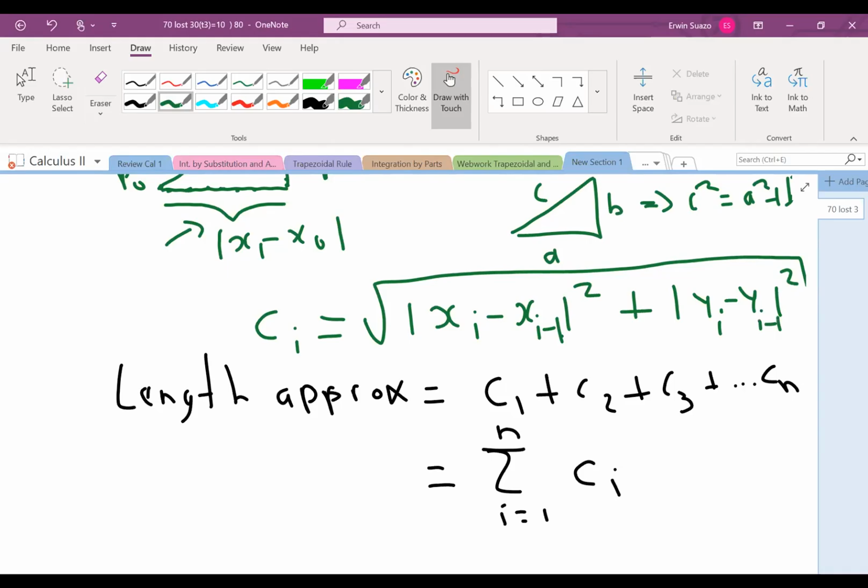Okay? So I have a formula for the Ci's. We're almost done, so keep up. I just changed my notation to this notation now. You see? I did it for the first one, but I can do it for any.